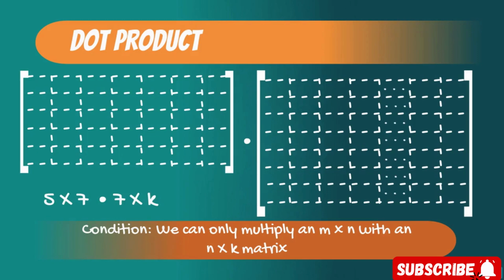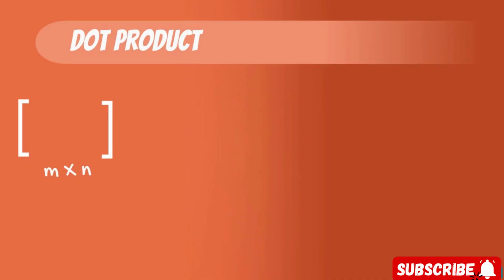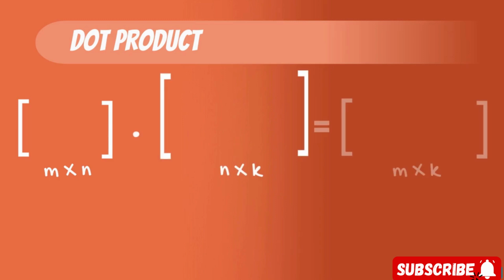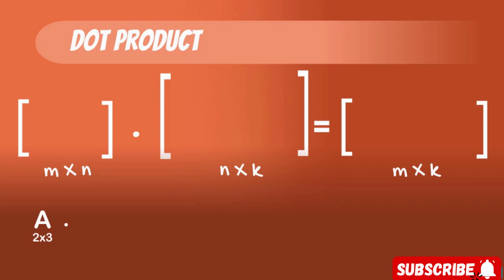Okay, there. What about the dimensions of the product itself? When multiplying an m by n matrix with an n by k matrix, the output is an m by k matrix. For instance, a 2 by 3 matrix times a 3 by 6 matrix will give us a 2 by 6 matrix.